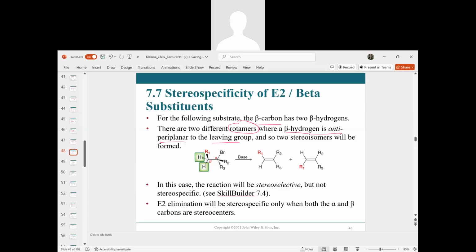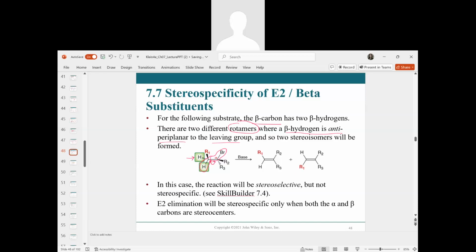So that's what we see here. Now at that beta carbon, this hydrogen is anti-periplanar to the bromine, and then we could rotate upon this carbon-carbon single bond, and then we could place this other hydrogen within those anti-periplanar conditions.